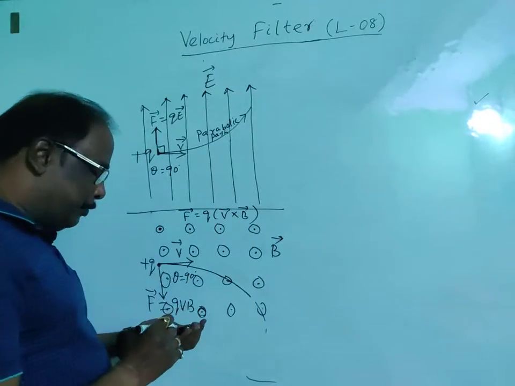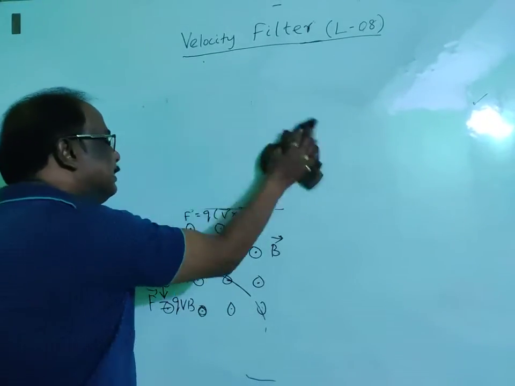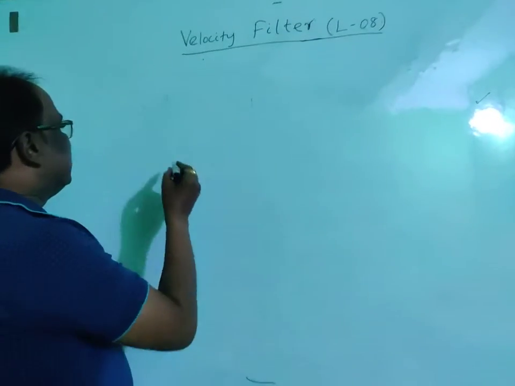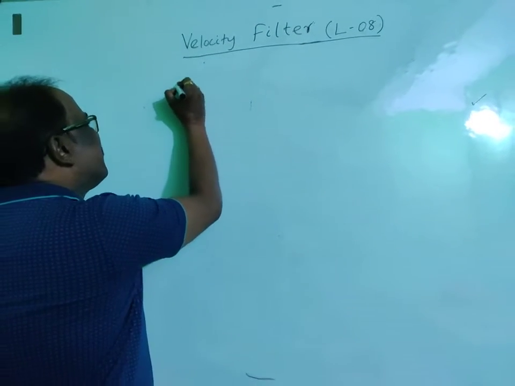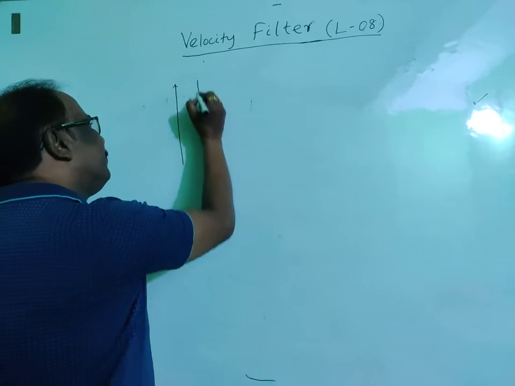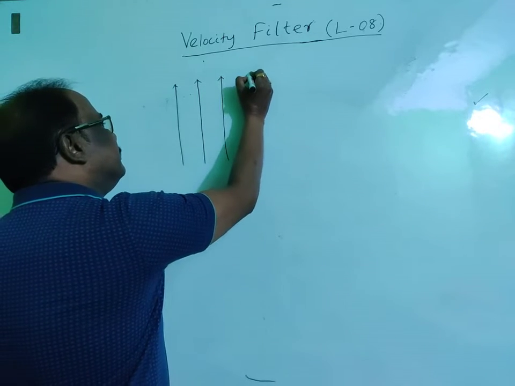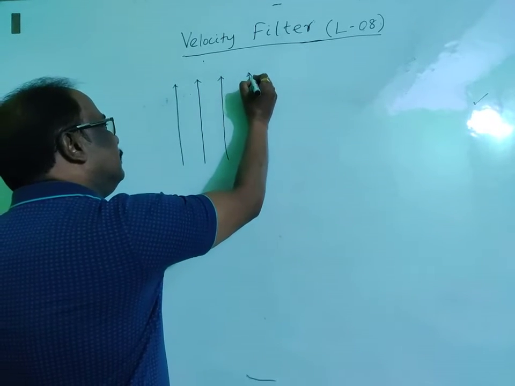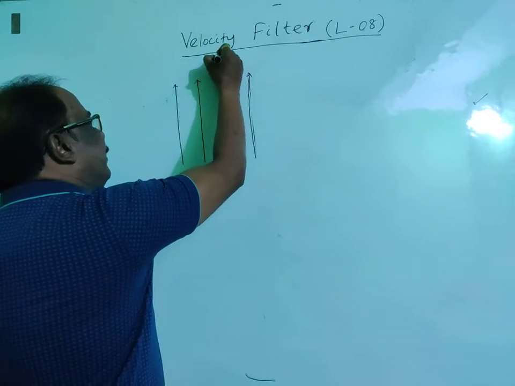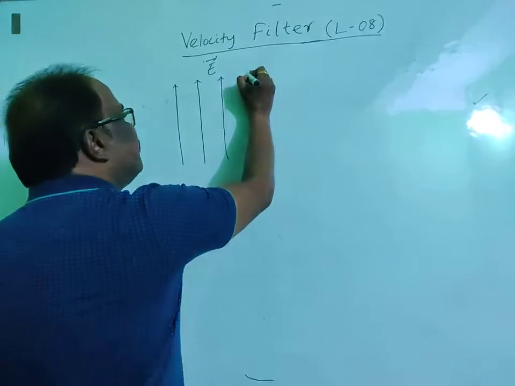Suppose I am returning to the previous diagram. This is the representation of a uniform electric field E in the upward direction, and in this region the electric field is present.